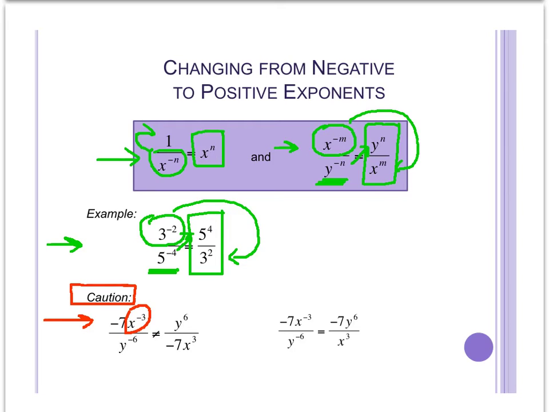So the negative 7, as you can see over here, should stay in the numerator while we take the reciprocal of x to the negative third, and that will bring it down to the denominator, leaving it with a positive 3. And then again, we still have this y to the negative 6 on both sides here. And so we still need to take the reciprocal of that, and that will move up into the numerator with a positive exponent now. So make sure that you aren't taking reciprocals of numbers that don't have negative exponents on them.